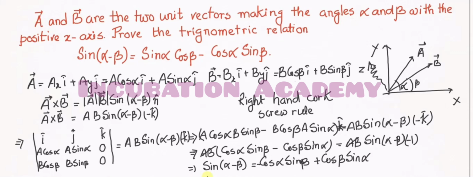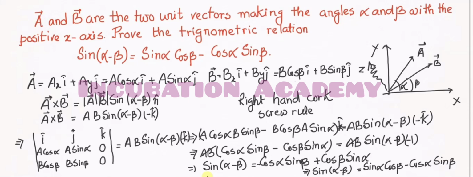Or if I write it again as a phrase, just like what is given to prove, sin alpha minus beta equals sin alpha cos beta minus cos alpha sin beta. It is not that I am making any kind of mistake and then trying to make it up.